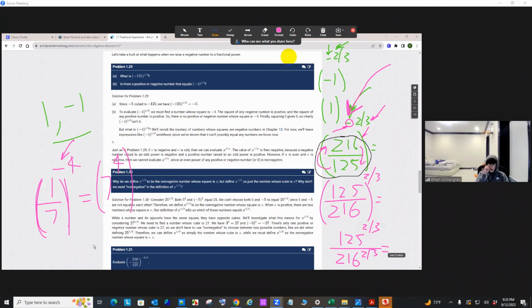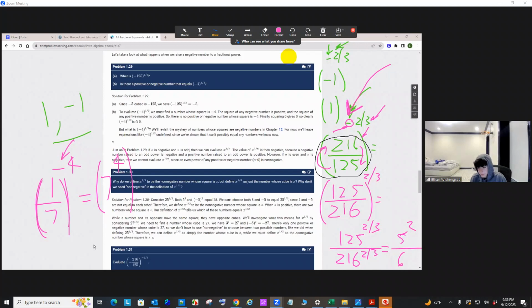Okay. Then I could just make it 5 squared to the 2/3 over 6 squared to the 2/3. No. You've already used the third by having 125 to the 2/3.